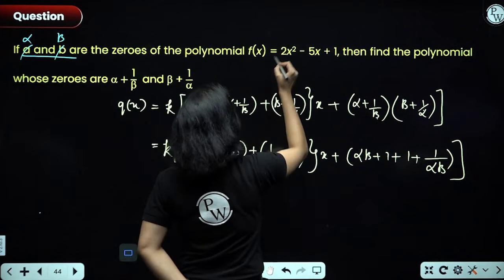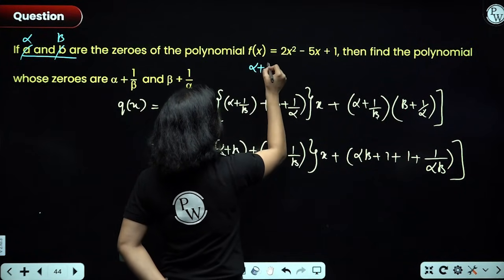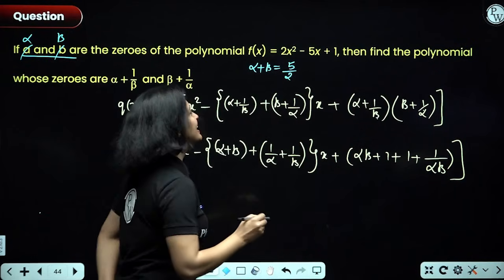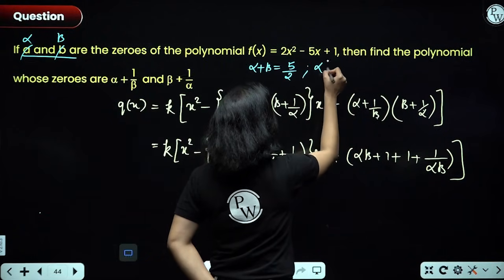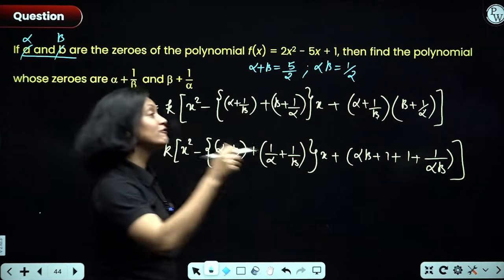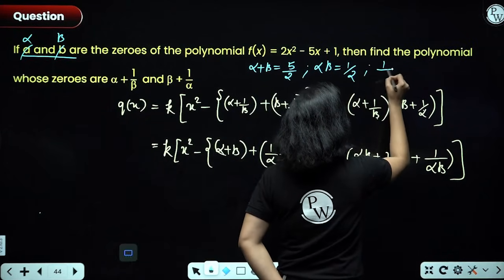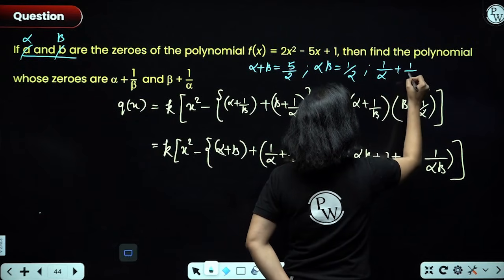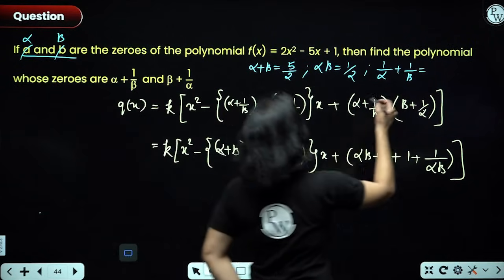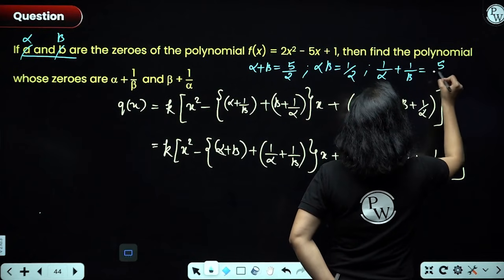So, from here, I can easily figure out that alpha plus beta would be equal to 5 by 2, minus b by a, right? And alpha beta would be equal to 1 by 2. Yes, everyone? And 1 by alpha plus 1 by beta, we have done it multiple times. So, I hope you now remember 1 by alpha plus 1 by beta would be equal to minus b by c, right? So, minus b by c would be 5 over 1.